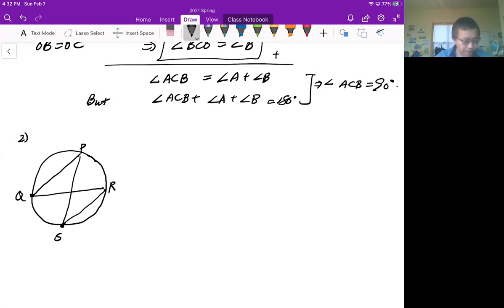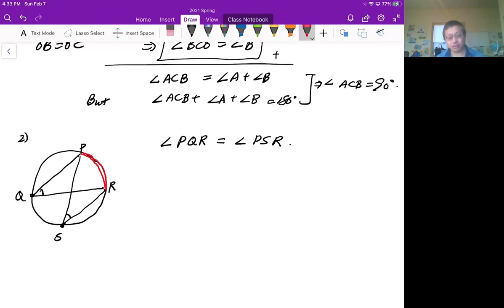The second corollary will be that the angle PQR is the same as the angle PSR, right? Why? Well, we just mentioned earlier, both angles are inscribed angles in the arc PR.